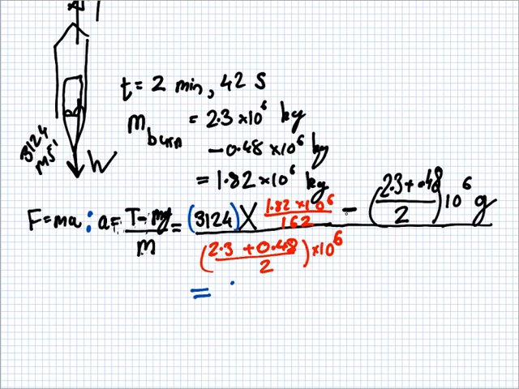Did you put in the minus here? And did you put in 10 to the 6? How do we know the 162? That's the 2 minutes and 42 seconds. It's the time. Okay. Yeah. And you have the g, 9.81?